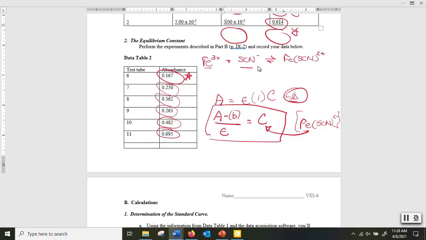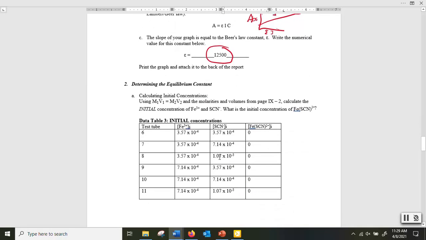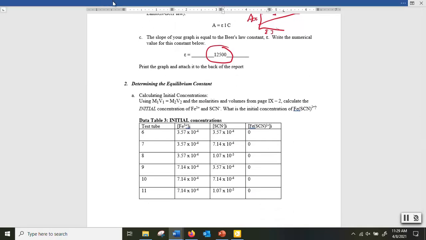I am not flooding with either one of these, not giving you too much iron, not giving you too much thiocyanate. So we can actually end up using an ice table for this. Yes, you're going to make a lot of ice tables. Let's take a really quick look at the first one before I let you go on this.